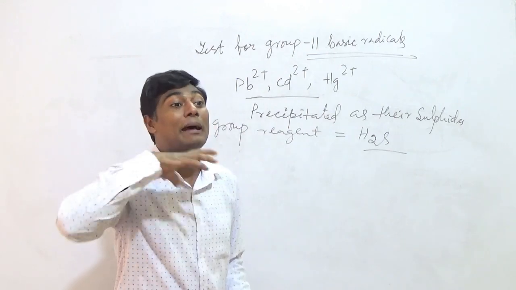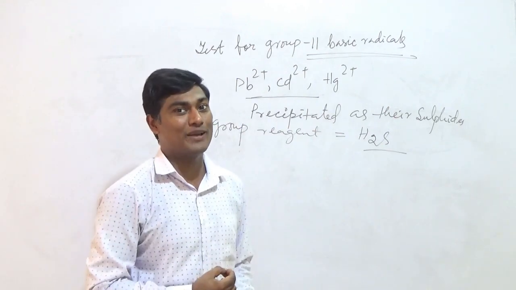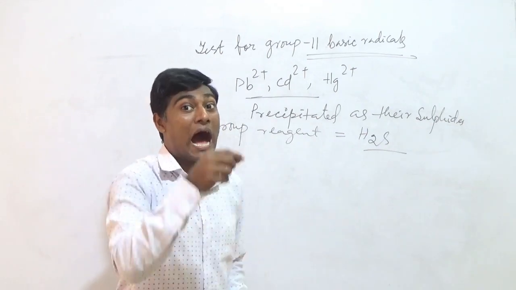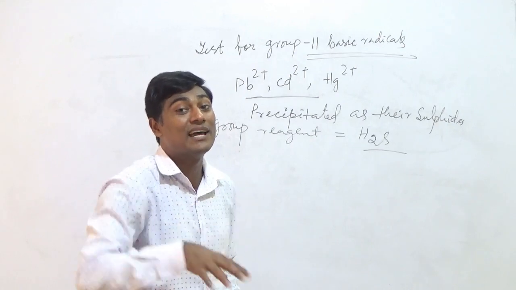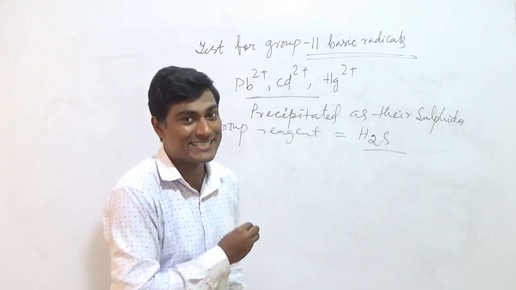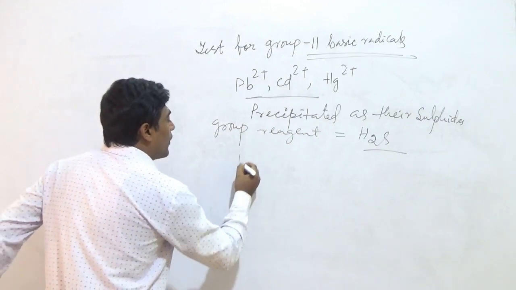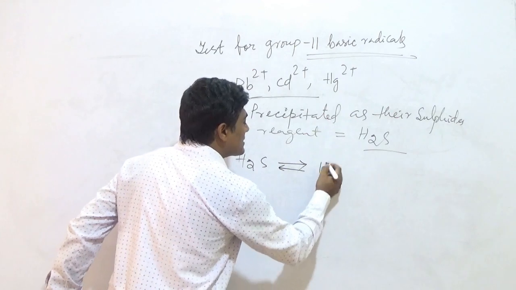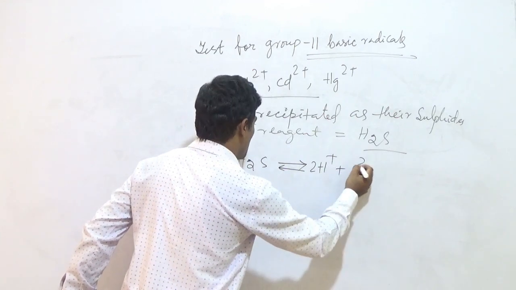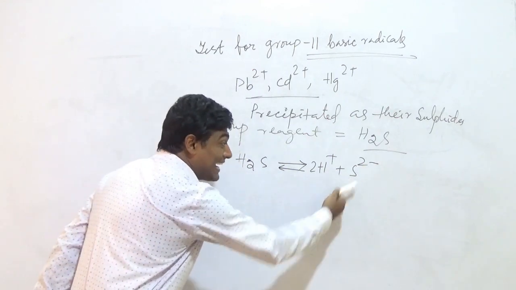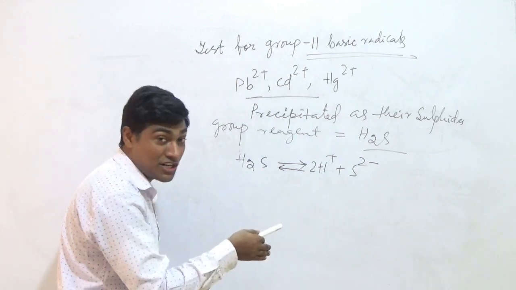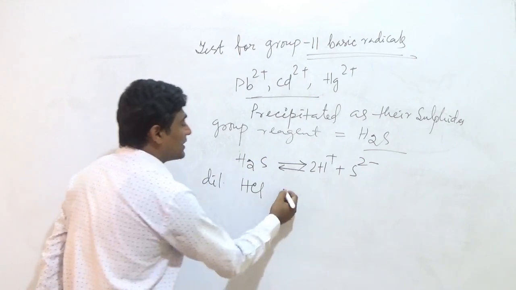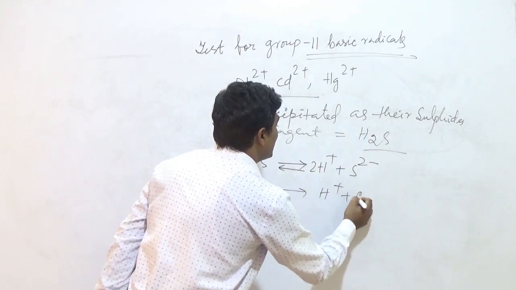So we have to supply a very small amount of sulfide ion; we must make a plan so that the sulfide ion concentration inside the solution will be less. When you supply hydrogen sulfide gas, you get 2H+ plus S2-. To get this sulfide ion concentration low, you add dilute HCl, which gives H+ and Cl-.